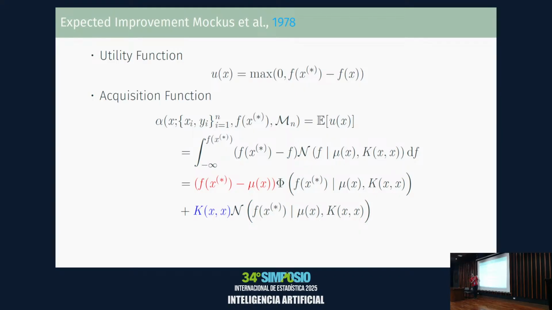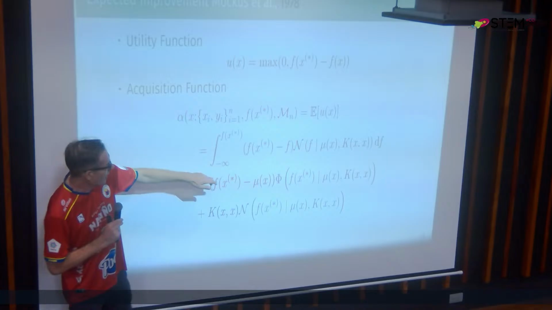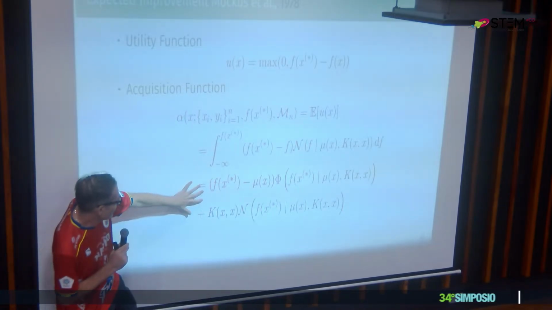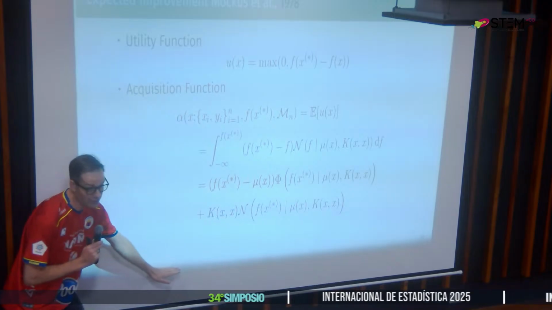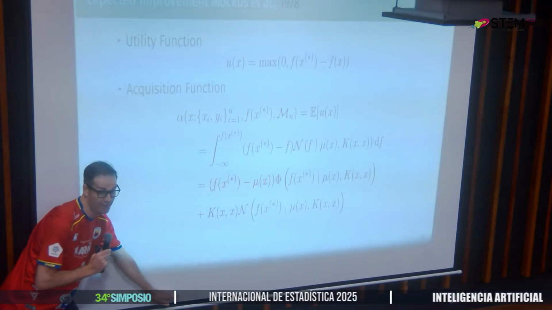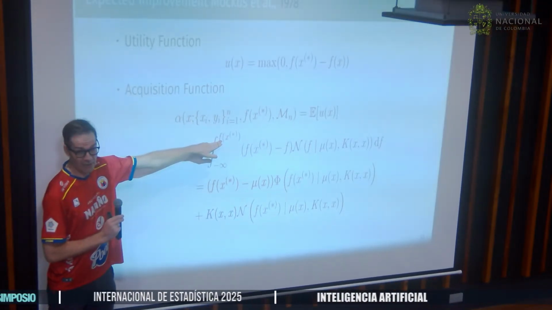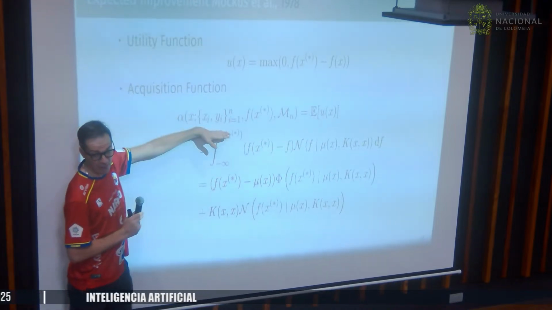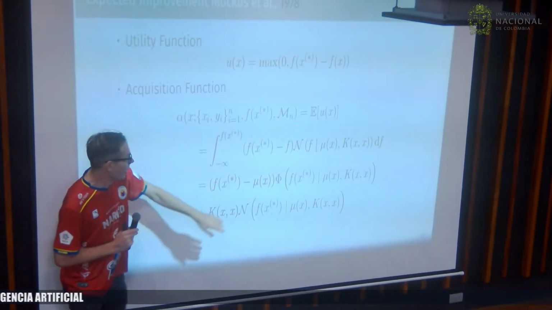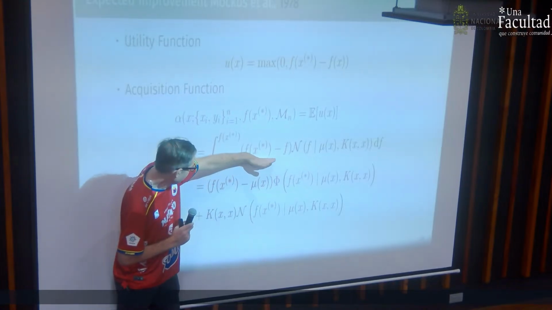So what would I have? Let's look at this one here. I am integrating the function values from -infinity up to the current value I have, right? That's how I get the utility. Everything above that is zero, no utility, of the difference between these.